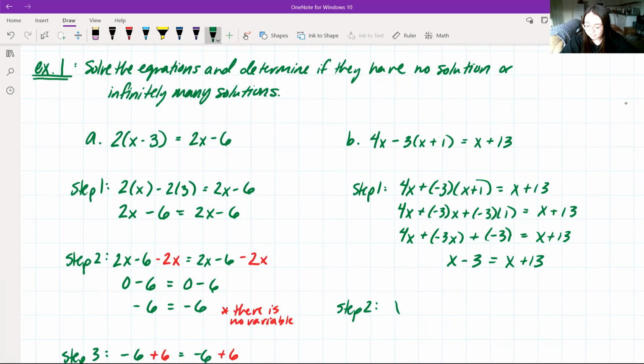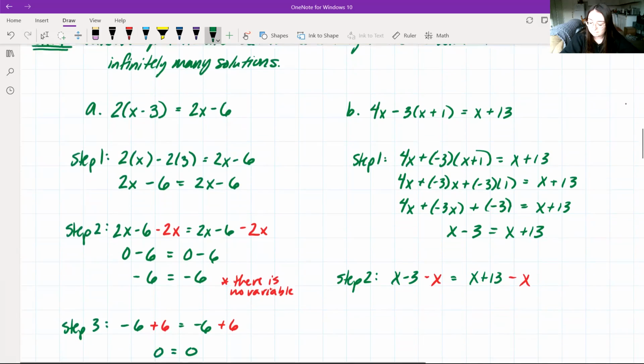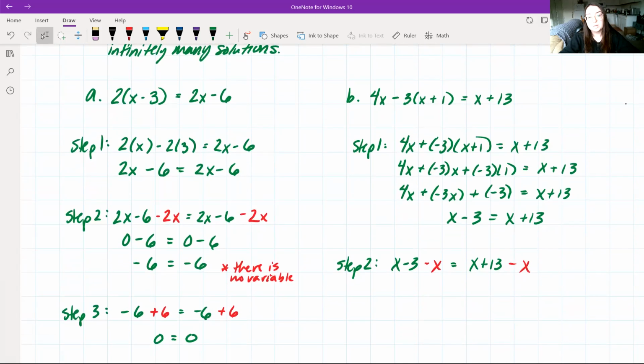So now we'll have x minus 3 minus x is equal to x plus 13 minus x. So simplifying this, we have x minus x. Well, that's going to be 0x.